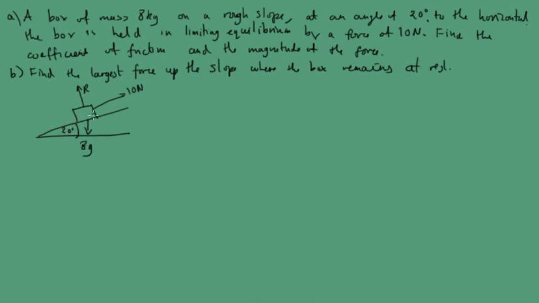But in this scenario, it's in a limiting case. It's just that 10 newtons in this scenario is just stopping our box from falling down the slope. So we've got some frictional force in this direction. So we want to resolve the perpendicular.